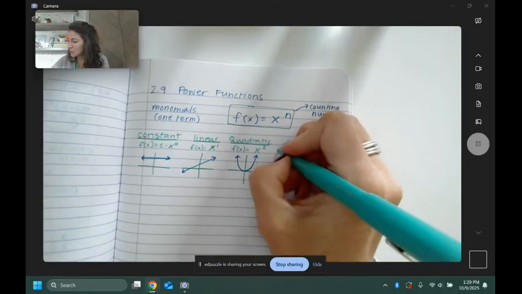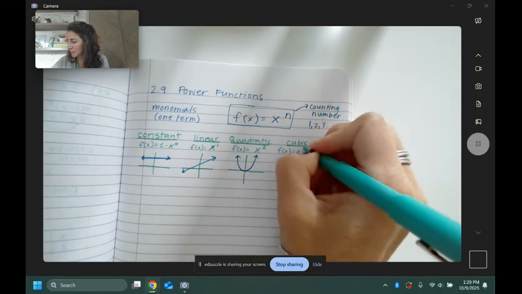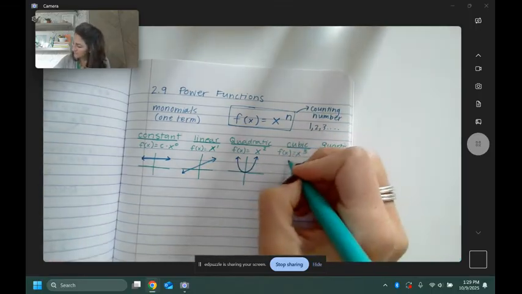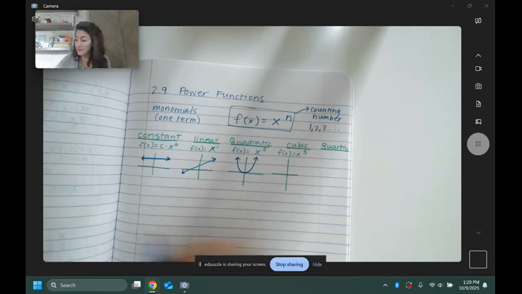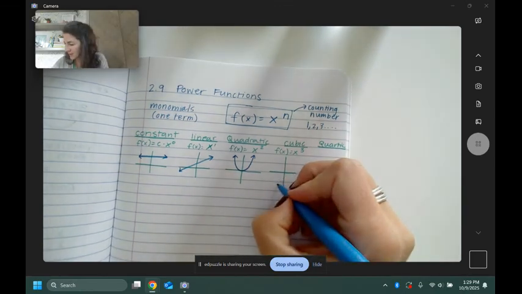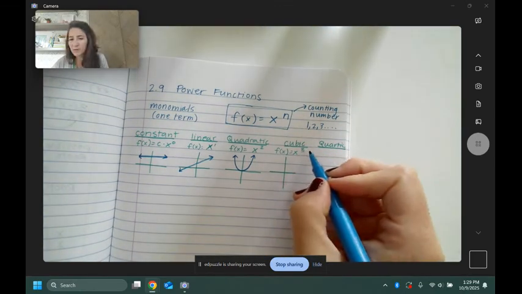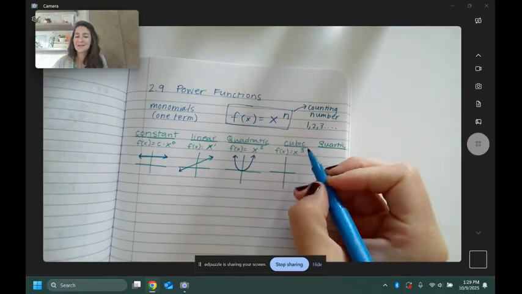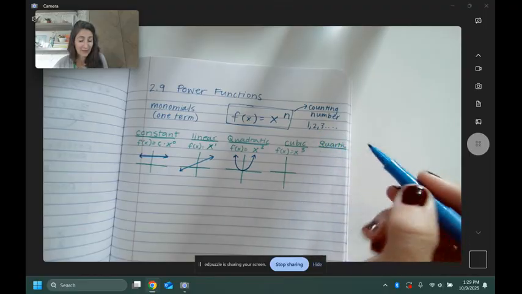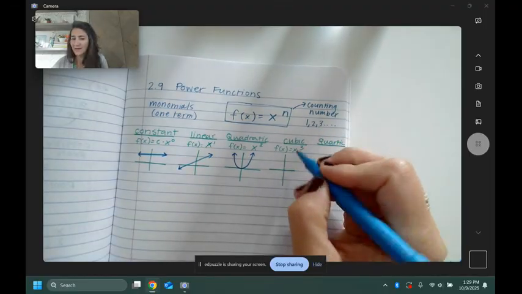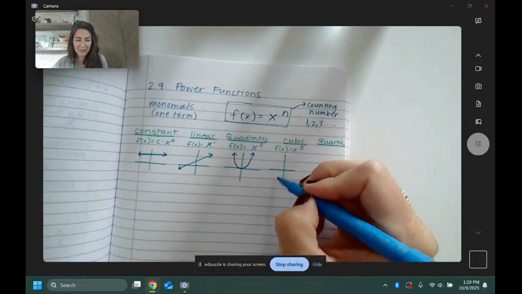A cubic function is going to be x to the 3rd. And just for the sake of this little drawing, I'm going to do the parent function, so just x to the 3rd. If you add more things to it, like plus 6x squared, plus 4x minus 6, whatever, if you add any other terms to it, it gets more violent turns in it.